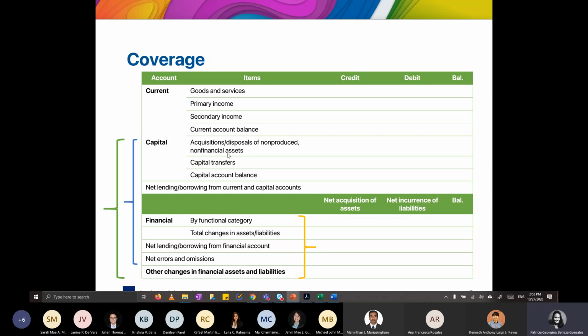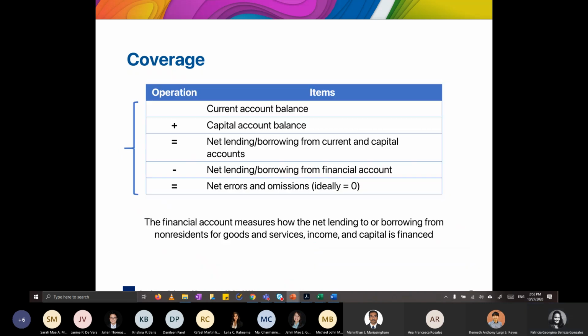I'll be discussing these in detail in the subsequent slides. And I put some brackets here because later on I'll be explaining the relationship between the capital and financial accounts, as well as the relationship between the financial and the other changes in financial assets and liabilities accounts.